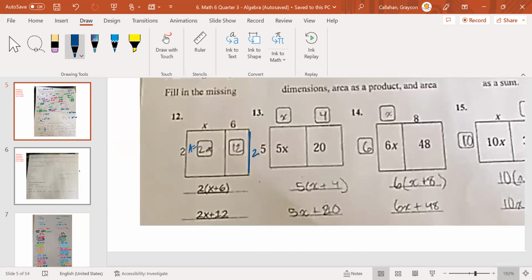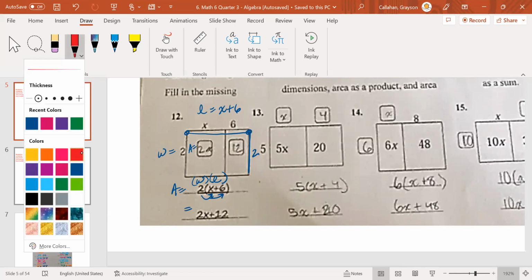So from there, you do 2 times x plus 6, which is the area. This is the width. This represents the length. Width is 2. Length is x plus 6 because it's the entire length. Do you see that? Okay. And then, of course, you multiply it by distributing that 2, and that's what you get.